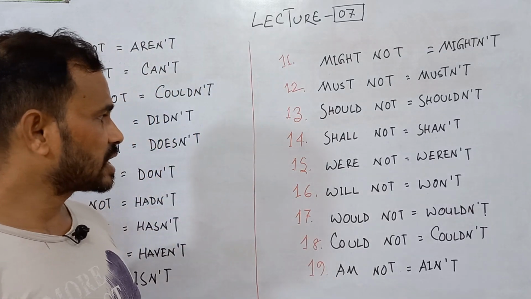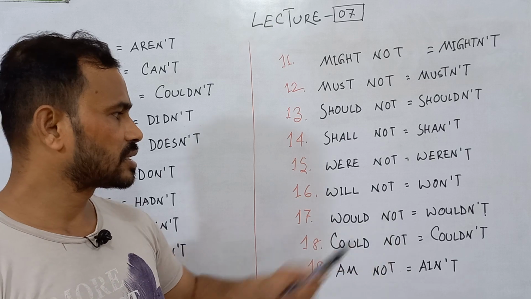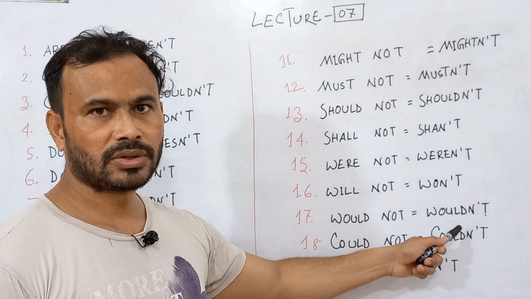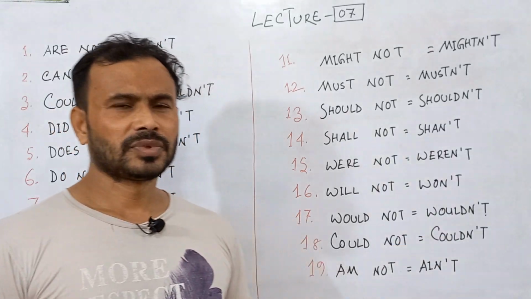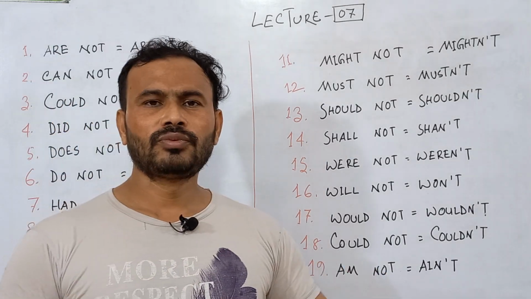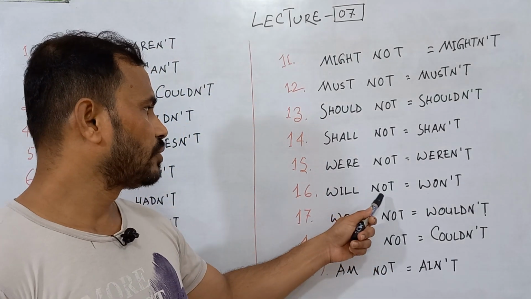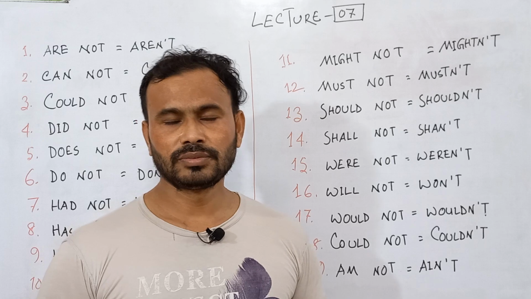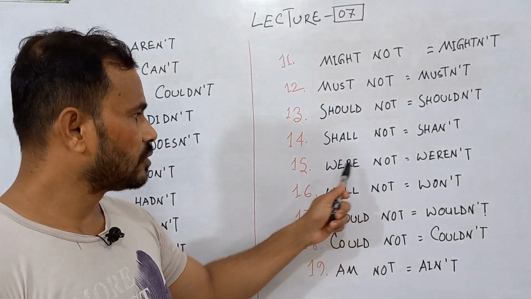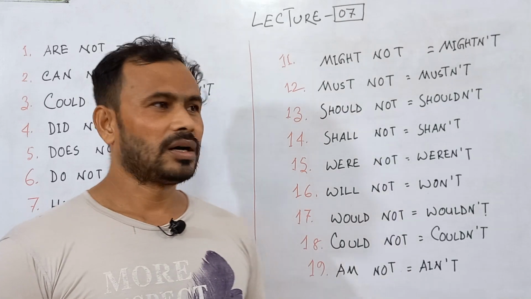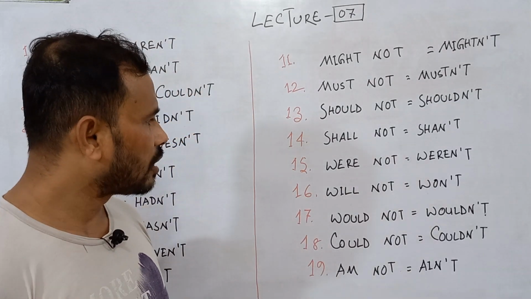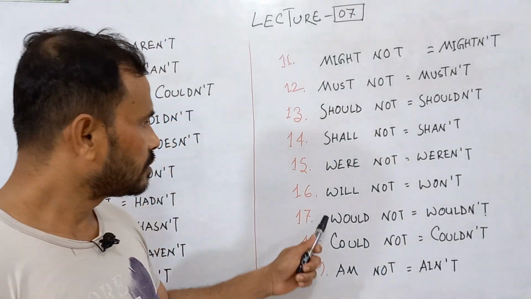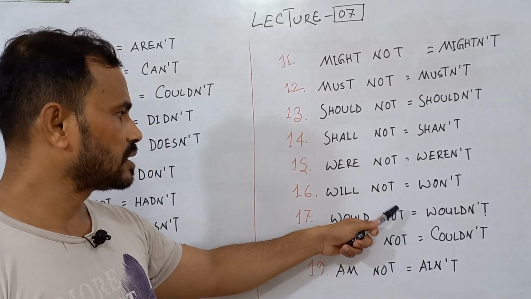Okay. So friends, my next phrase is would not. The contracted form of would not is wouldn't. Extremely sorry, I'm talking about would not.